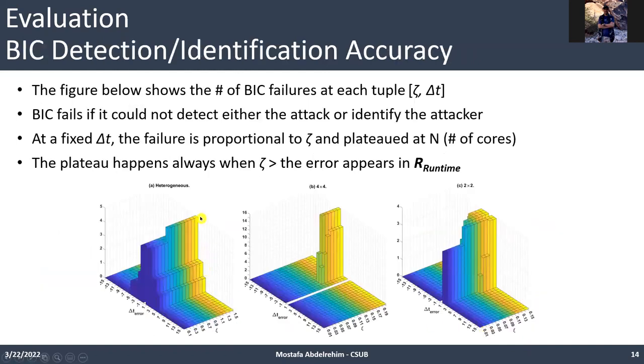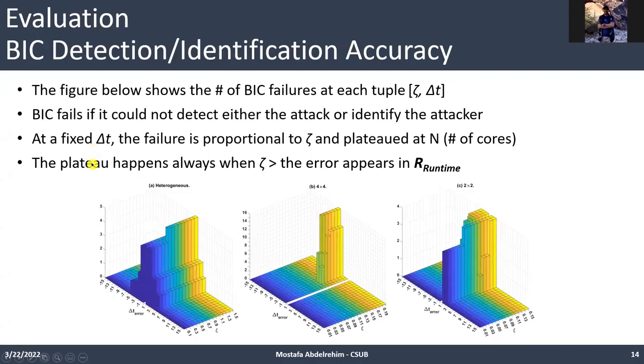Here are our results. We see here that the error, or the failure, means the failure to detect the attack or identify the attacker. Each one is considered a complete failure. So here we see that the failures increase as we decrease delta T error.